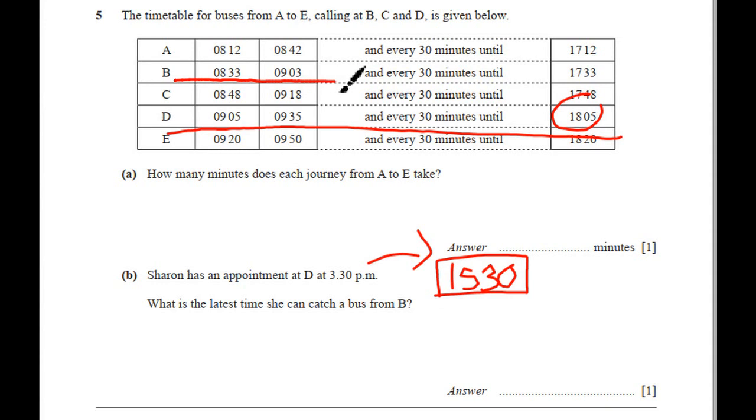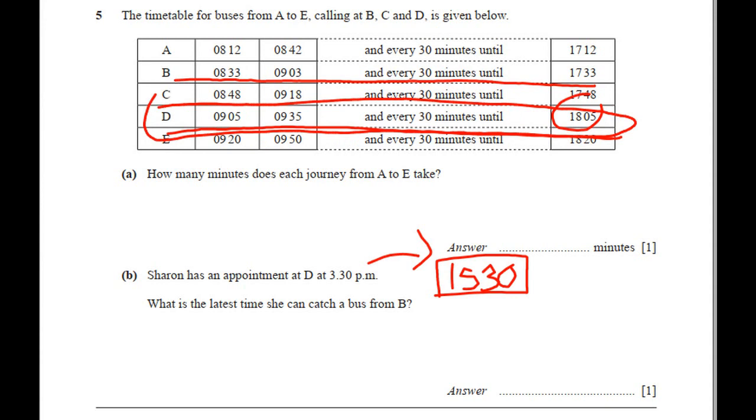Alright, so let's see. She has an appointment at D at 15:30. So that means she has to reach D before 15:30. Now the buses come at an interval of 30 minutes.